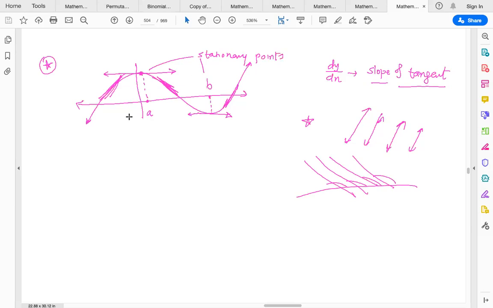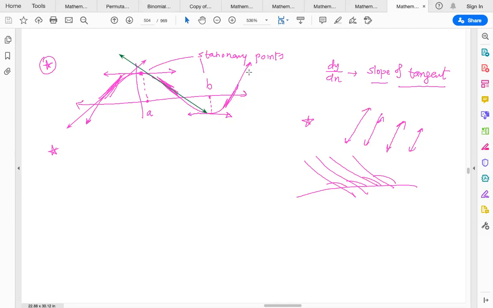Now our next part is to understand where the curve is increasing and where it is decreasing. Where there is a positive slope of the tangent, for example if I draw a tangent here, it has a positive slope. If I draw a tangent at any point in this region here, it has a negative slope.